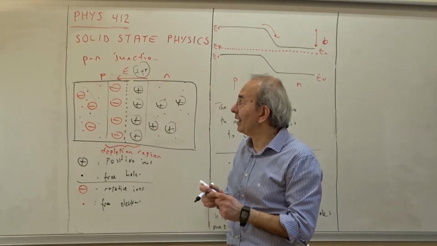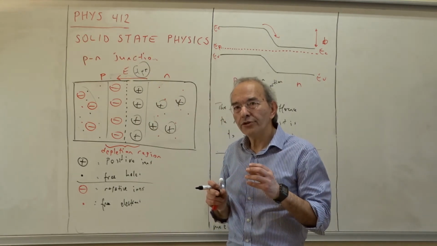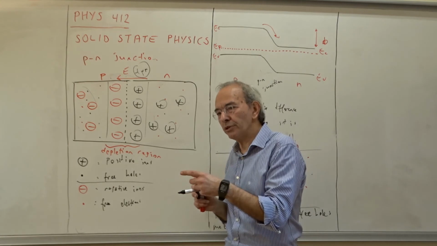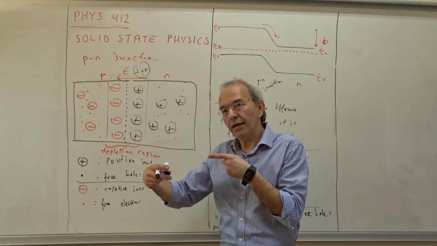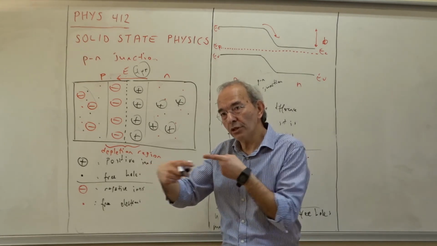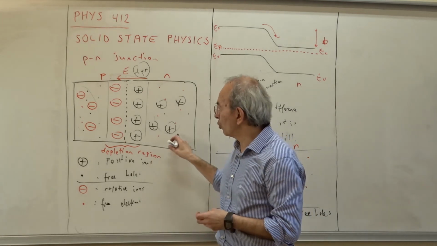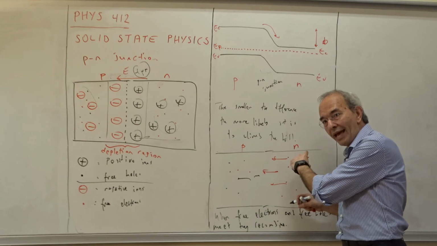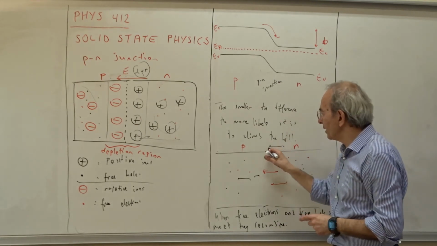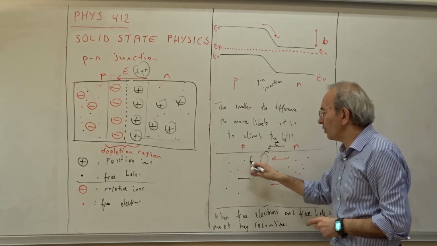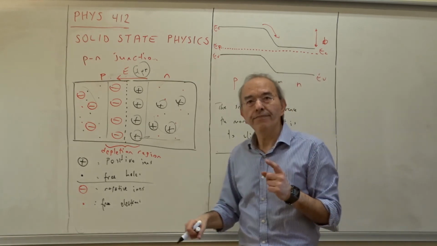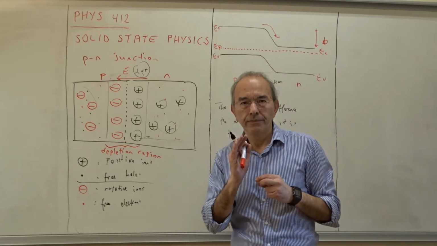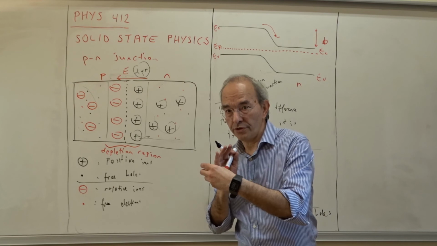Remember that electric fields move the holes in the same sense, but move the electrons in the opposite sense. So these electrons, which are already moving from the right to the left, from N to P, experience a force from the electric field to stop them before going further.